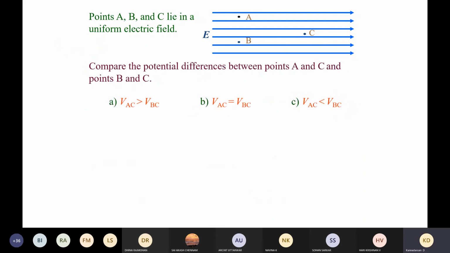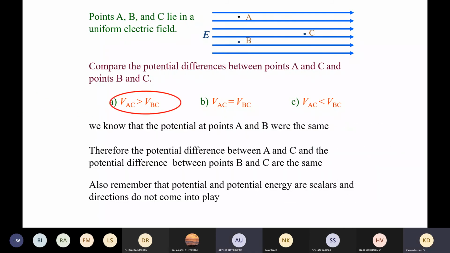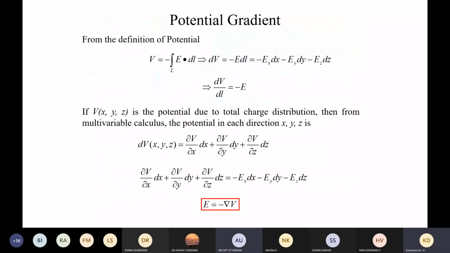What about this particular one? VAC is equal to VBC. Easy. I believe you have understood the concept of potential.